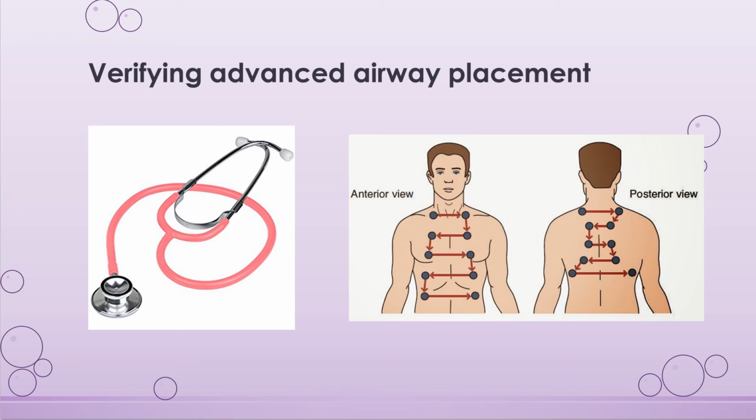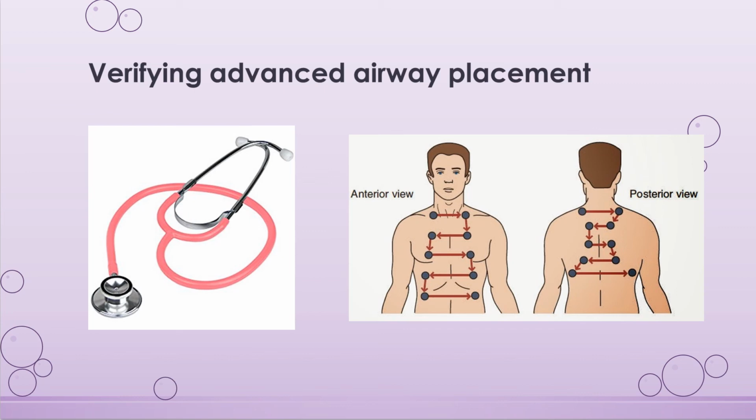How do we verify advanced airway placement? First things first. Now, we've emergently put in an airway to keep someone breathing, right? We don't always have the luxury, and remember, time is oxygen here, to verify with a chest x-ray and wait for that to develop.